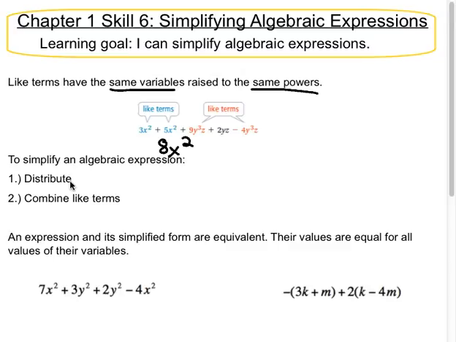So I can combine them to give me 5y cubed z. And then the 2yz doesn't have any like terms, so it would stay as is. So that's the goal of these like terms, okay? Look for the same variable to the same power, and you're going to be able to combine those things together.